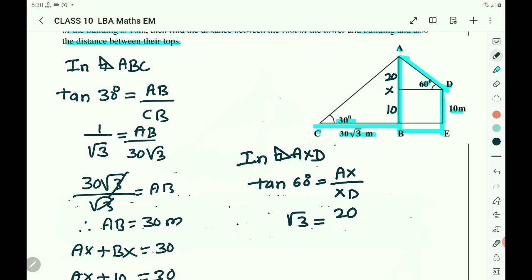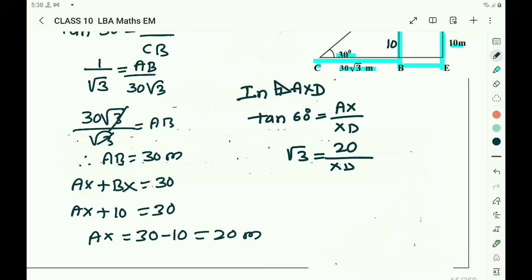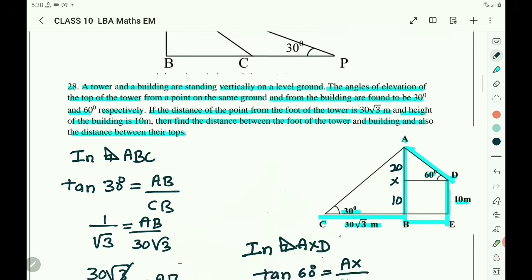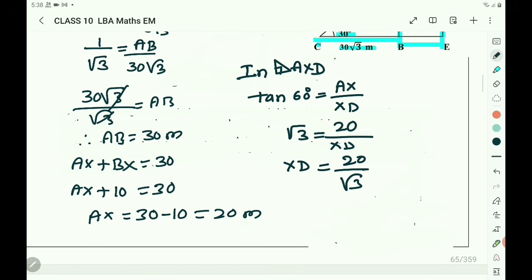AX is 20 by XD. XD equals what? 20 by root 3. If the root 3 value is given, you can substitute it. That is the distance between the building, in meters.